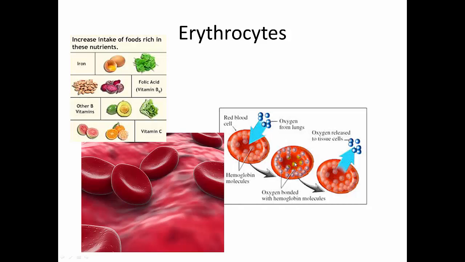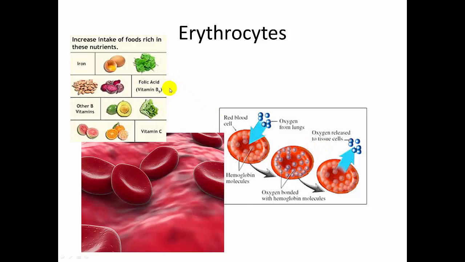And then the red blood cell travels through the body and releases the oxygen wherever it's needed by the tissues. At the same time, as it releases its oxygen, carbon dioxide then attaches to those red blood cells and travels back to the lungs, where the process is started over.